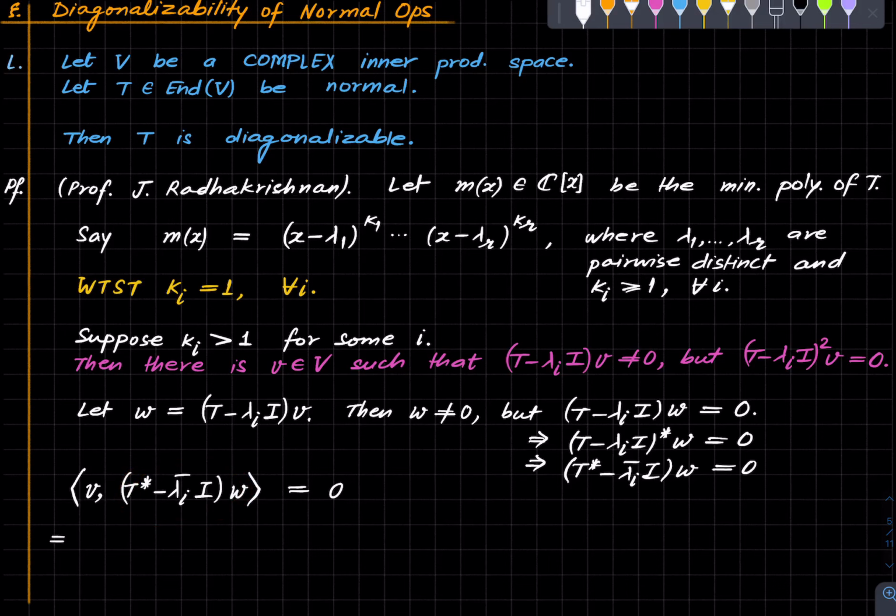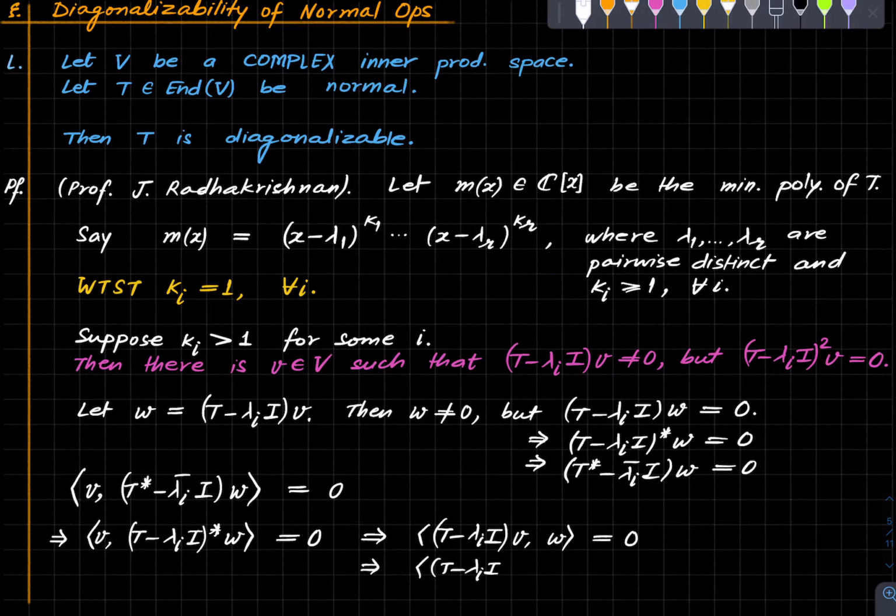And therefore this is 0, which implies, by using the property of the adjoint, this is 0, which now by definition of W, this is 0, which means (T minus lambda I) v is 0, but that contradicts the pink thing.